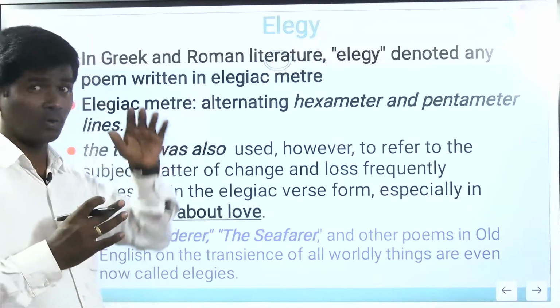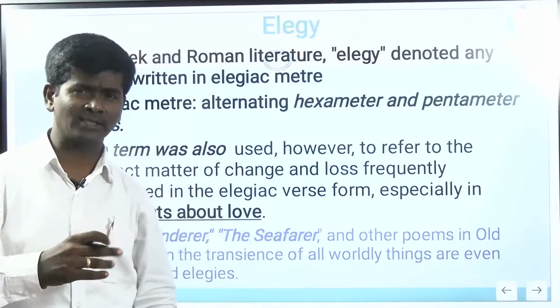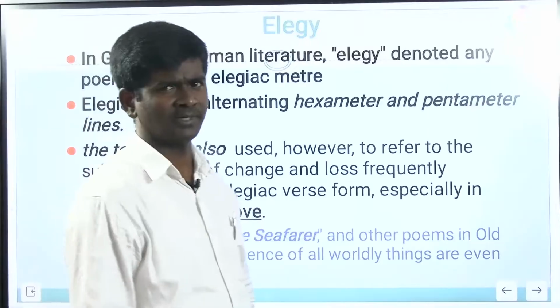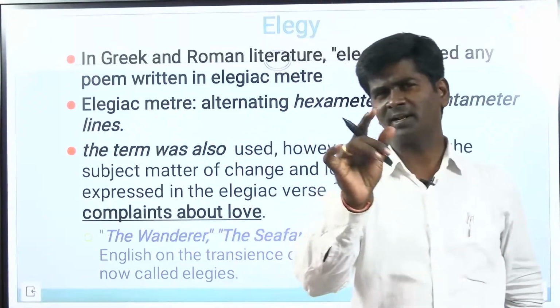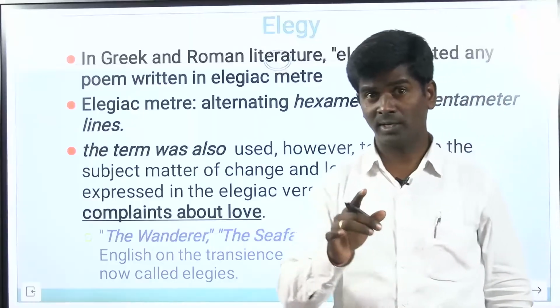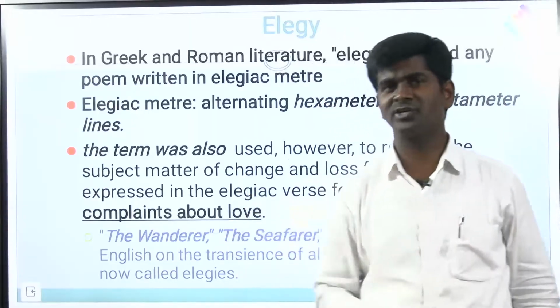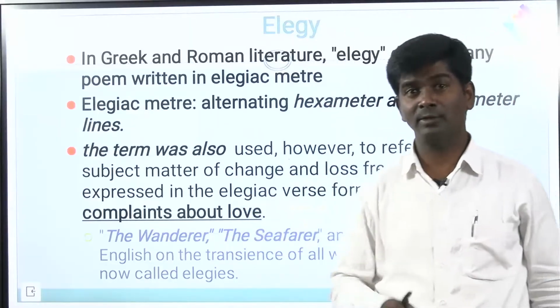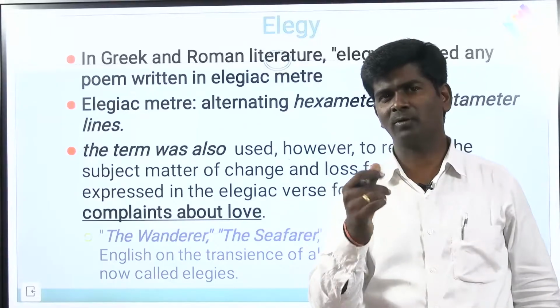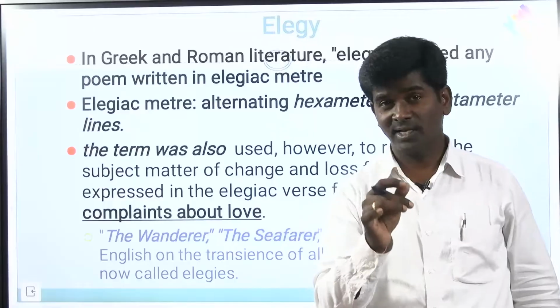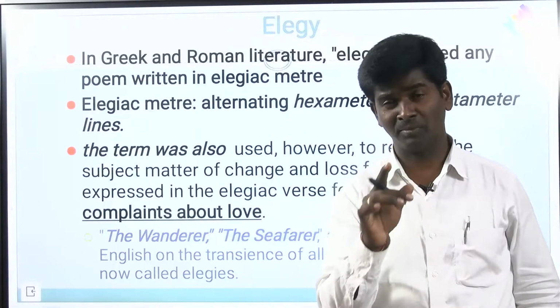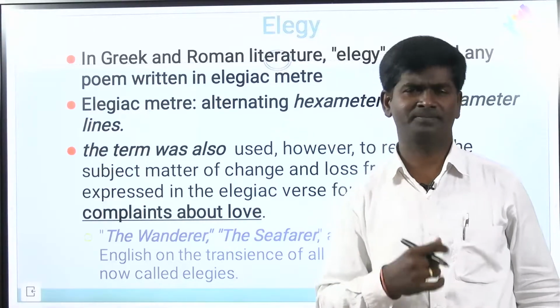So elegy, from the classical aspects, in the NET examination there was a bit: who is called the English Virgil in English literature? The Scarlet Gypsy, written by Matthew Arnold, is on the death of a friend, and Lycidas, written by John Milton, is on the death of a friend.